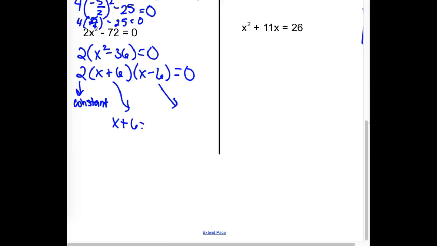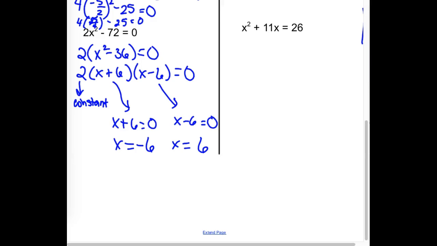So x plus 6 might be the 0, and x minus 6 might be the 0. My solutions then would just be positive and negative 6. Now, if that front 2 had been an x instead, then it does get you a 0, right? But if it's a constant, just a plain 2, you can't do anything with it.